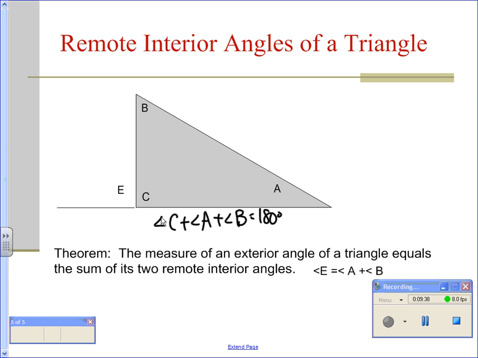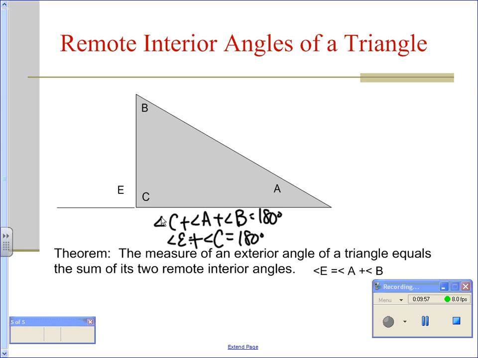What do you know about E and C? They're equal? Okay. They add up to 180.